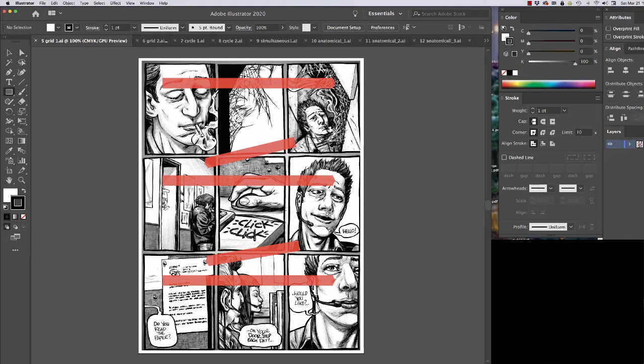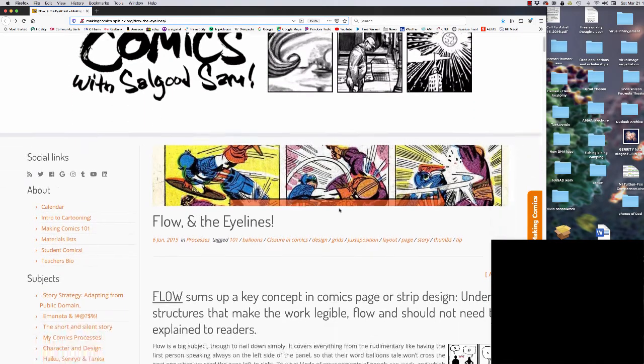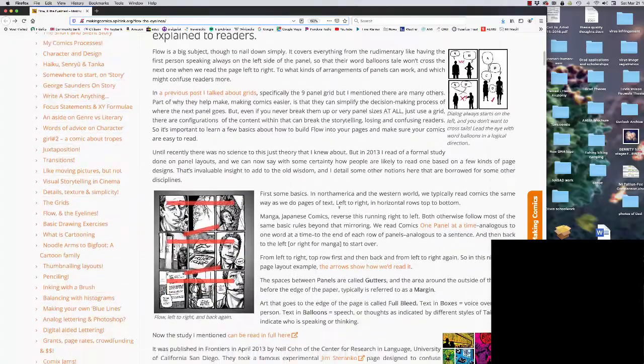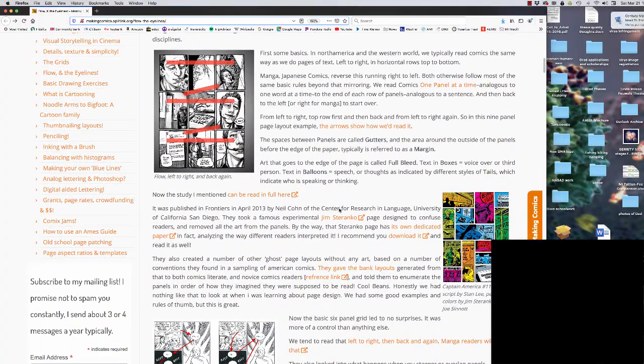Now, by the way, I'll point out to you that this particular image comes from this article, and I've posted the link for this article in your revised syllabus on my courses. And it's an article that's all about the flow of sequential illustrations.